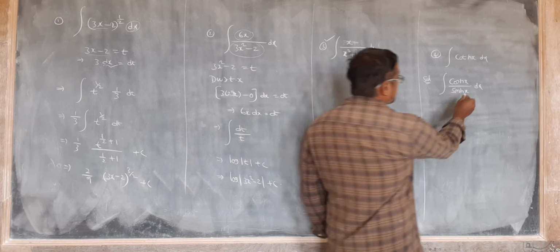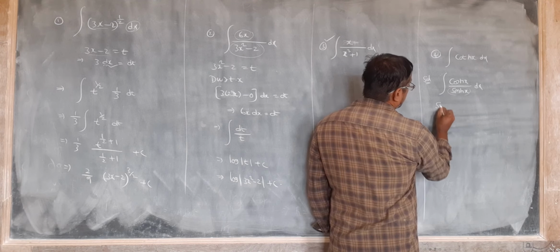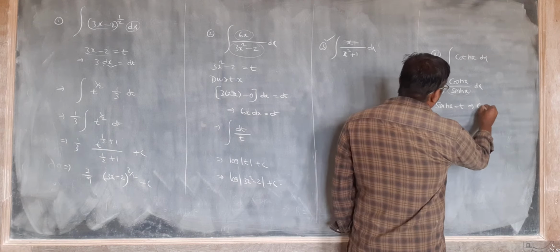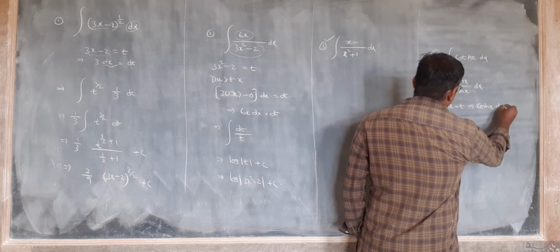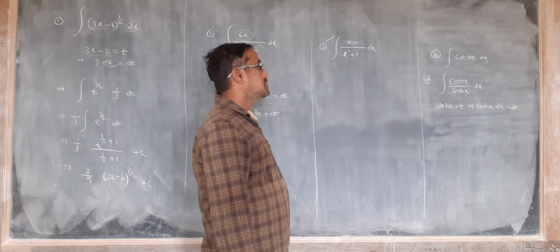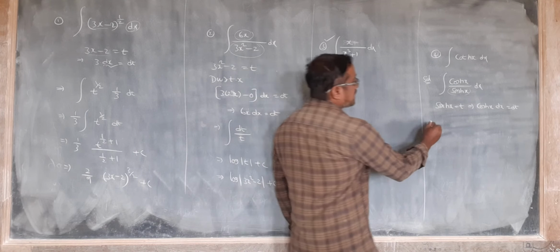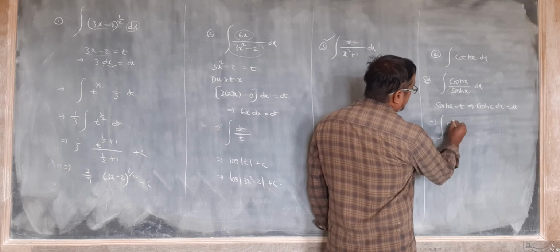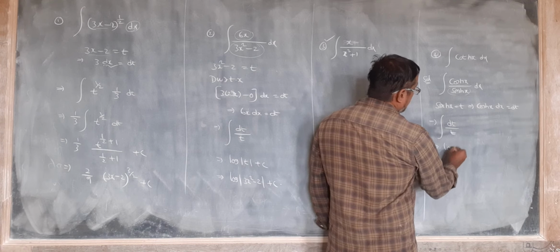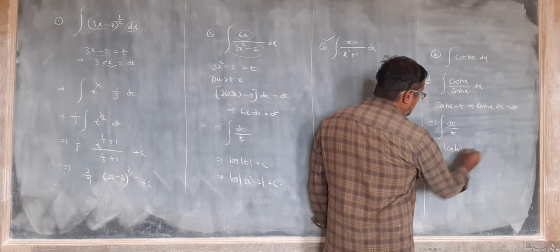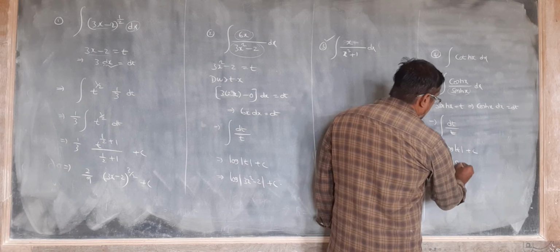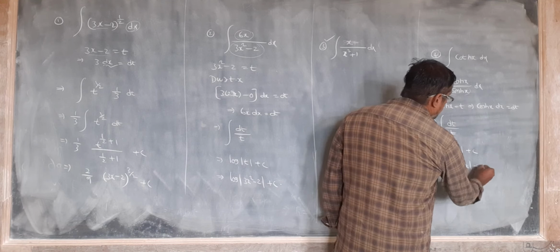So if you take sin hx as t, you will get cos hx dx is equal to dt. So this will be of the form integral dt by t. What is integral dt by t? Log mod t plus c. So you will get log mod sin hx plus c.